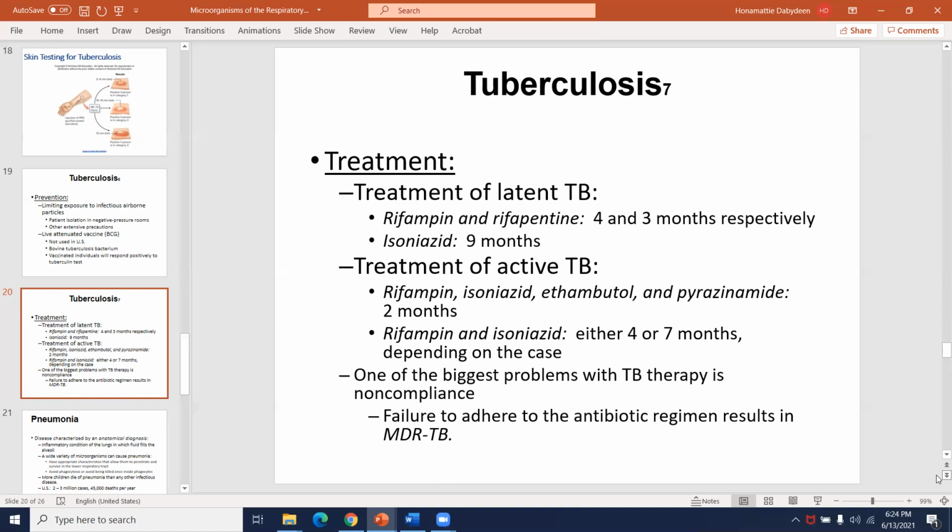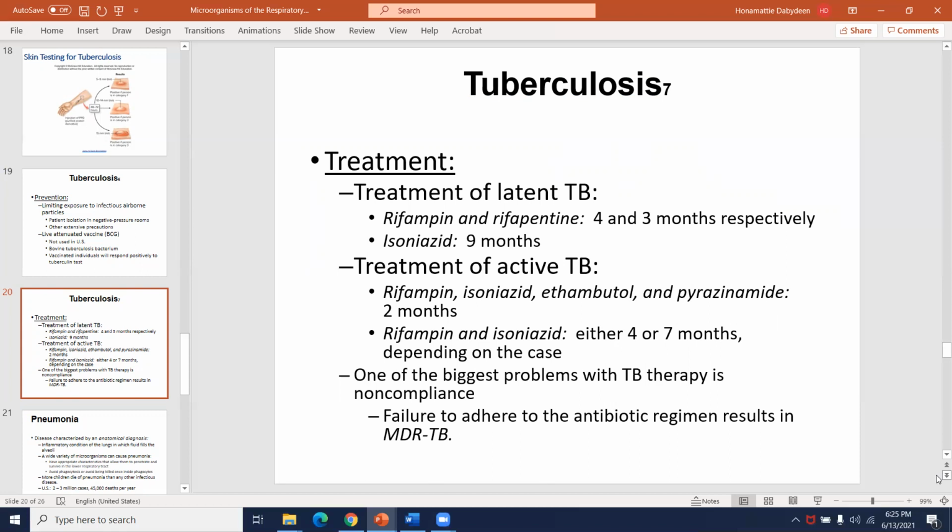Those four you use for about 2 months. And then you follow that with rifampin and INH, the isoniazid, for 4 to 7 months. That's your active TB. And sometimes that doesn't work too well. You might end up with another round of it.